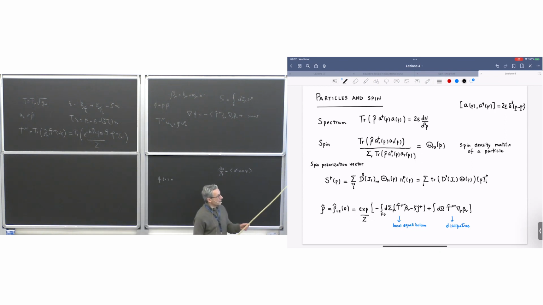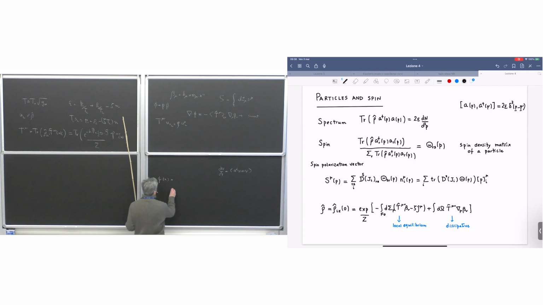I hope that you are familiar with what this symbol means. This is the creation operator of a state which has momentum P and polarization state, or spin state, R. In other words, A dagger P R applied to the vacuum returns a particle which has a momentum P in the spin state R.